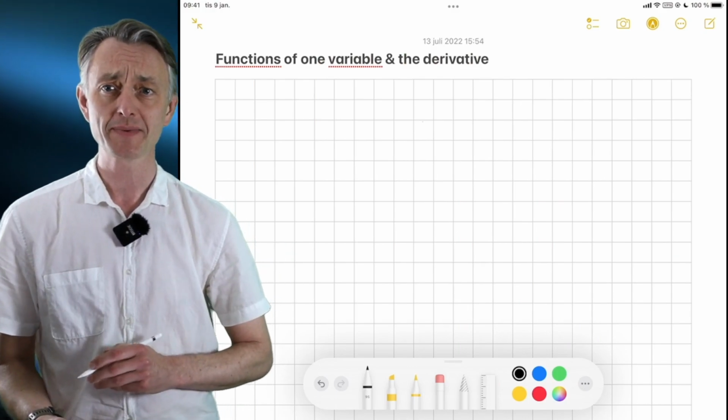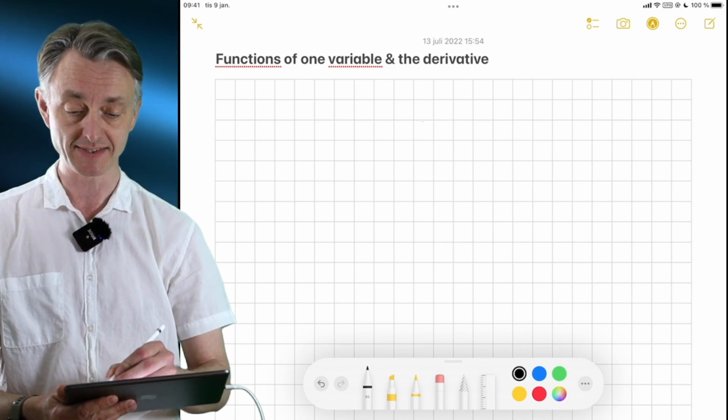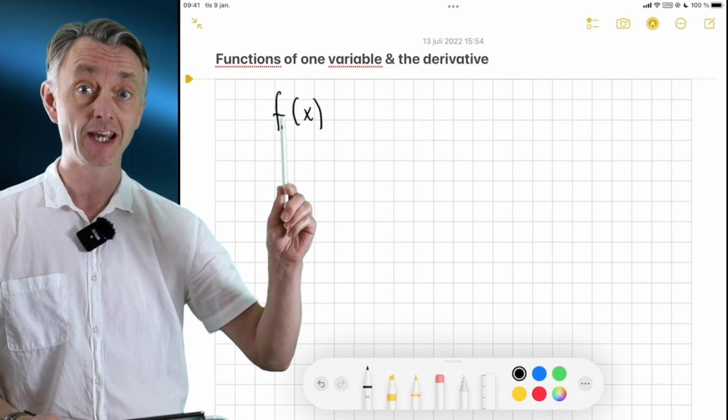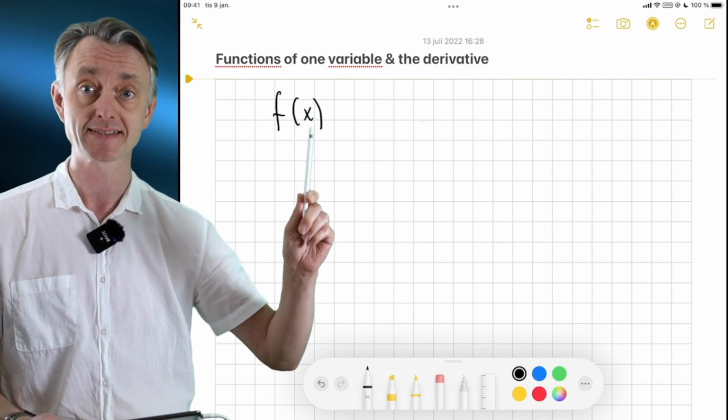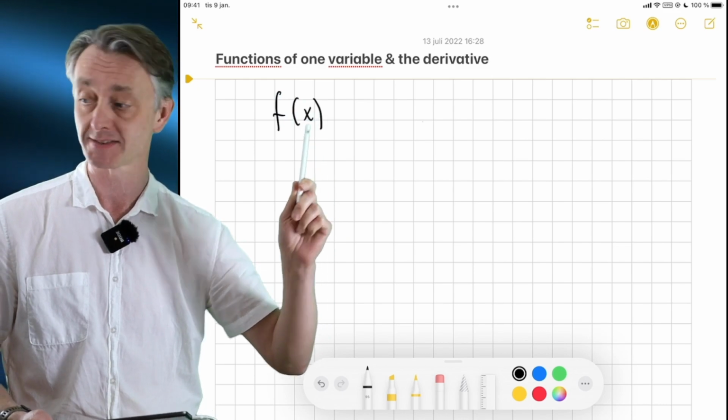So, first of all, mathematically, what is a function? Well, a function, which is written like this, f of x, and this doesn't mean f times parentheses x, this is a function of the variable x.